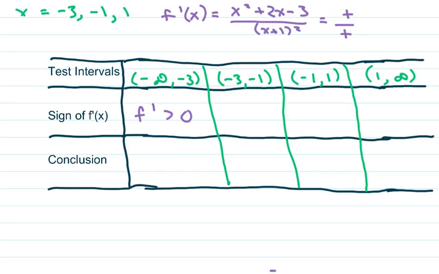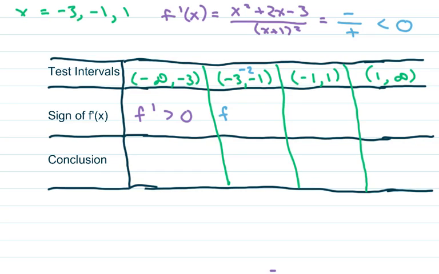If I plug in 0, say, no, we can't plug in 0 yet. So let's plug in, say, negative 2. If I plug in negative 2, I'm going to get a negative over a positive, and this means that's negative.